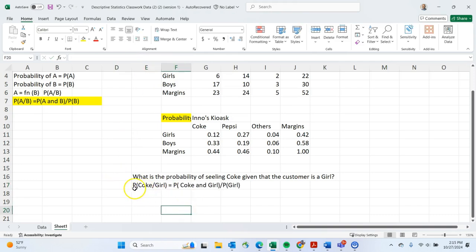Let me explain this. We are looking at the possibility of selling Coke given that the customer who walks in is a girl. So it will be the probability that Coke and girl will be there, and that is what we call the joint probability, or intersection, between Coke and girls, divided by the probability of girls.